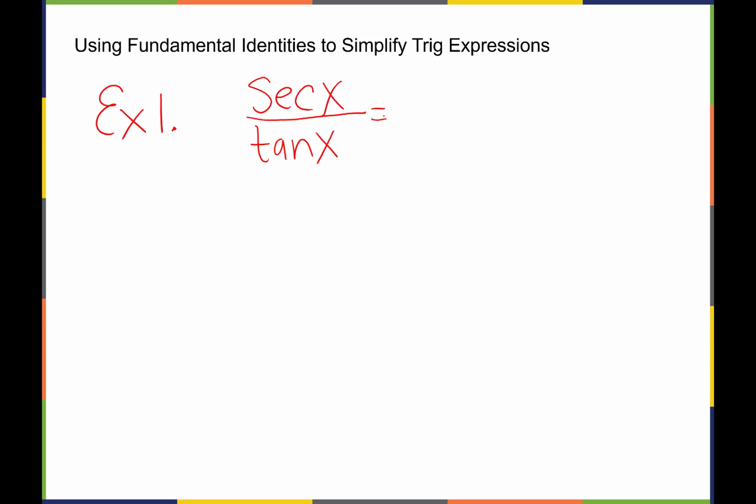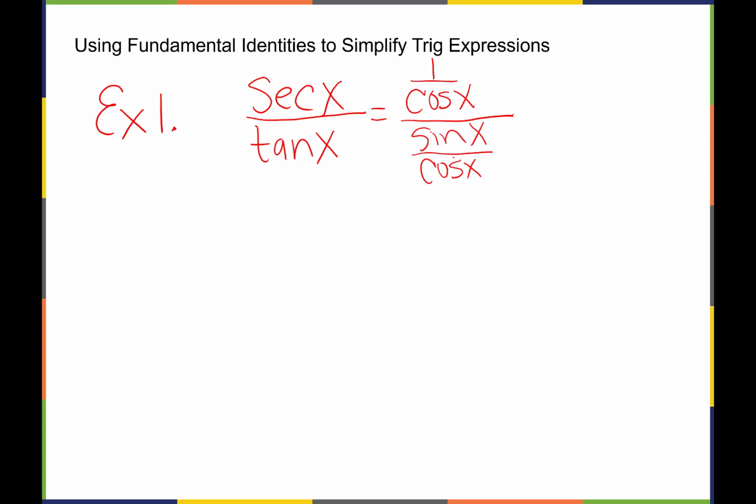So what we want to do is write secant and tangent in terms of sine and cosine. I know that secant of x is equivalent to 1 over cosine of x, so I'm going to replace secant with 1 over cosine x. I know that tangent of x is equivalent to sine of x divided by cosine of x.